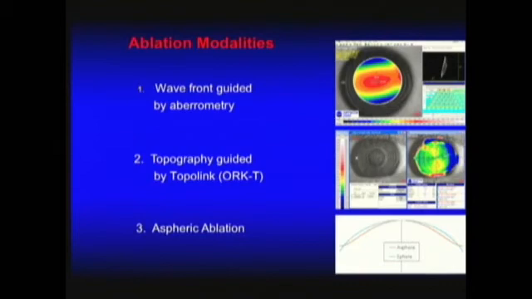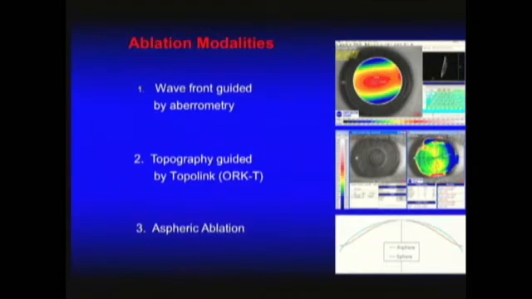What are the modalities of ablation that we have nowadays? We have the wavefront guided, or by aberrometry, which is the one that we used very frequently at the beginning, topography guided by Topolink, and the aspheric ablation.